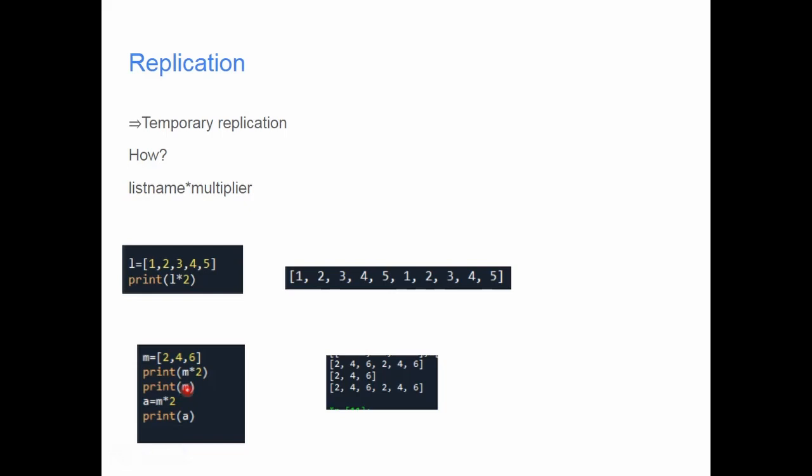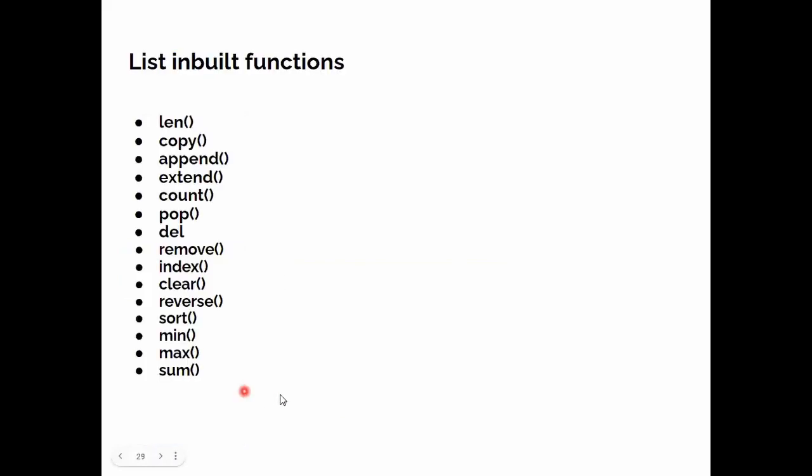But if you want to store it, because it's going to return a list, here I am using the assignment statement. As it is returning the multiplied elements of the list, I can use it with the print statement, or I can use it with the assignment expression. So a is equal to m into 2. Now a will be the modified version of your m, which is having the replicated elements of your list m.